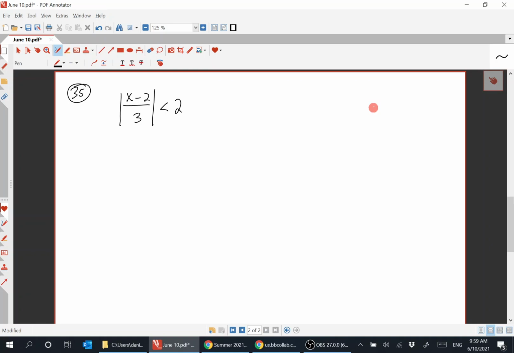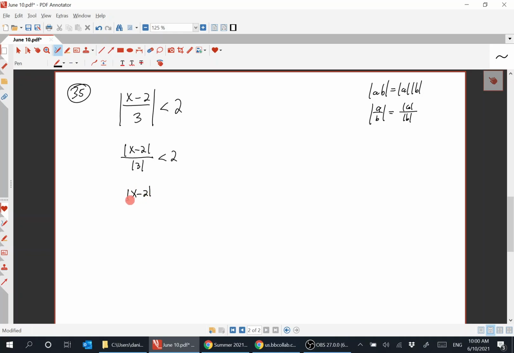So remember, the absolute value of A times B is absolute A times absolute B. Absolute value of A over B is absolute A over absolute B. And that's helpful here because when you do that, on the bottom you just have the absolute value of 3, which, because you know the number 3 is positive already, is just 3.